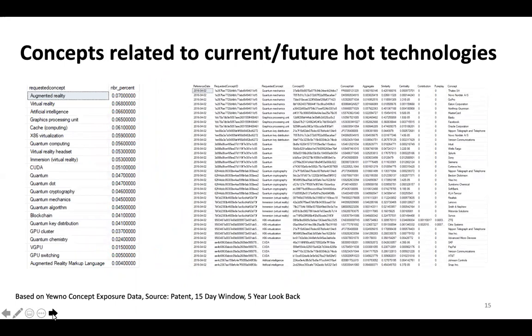Now, regarding the concepts and the hot technology, you'll see here on the left side the 22 concepts that I've selected. The column after that is their percentage in terms of instances. For instance, the most covered concept in terms of exposure for stocks is augmented reality.